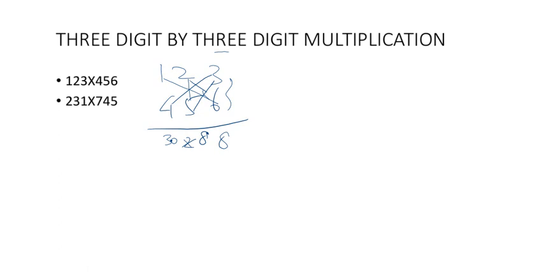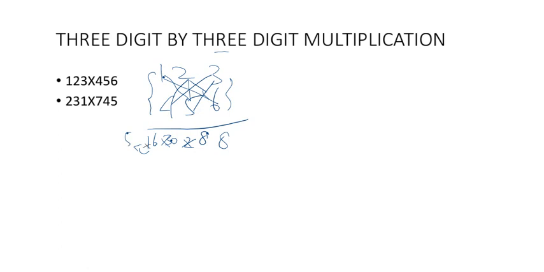The next value is this multiplication, 5 into 5 plus 8, 13. 13 plus 3, so this 3 we have to add. 13 plus 3, it is 16. So the final thing is 1 into 4, 4. We have to keep this 6 and move this 1 over here, so it is 5.